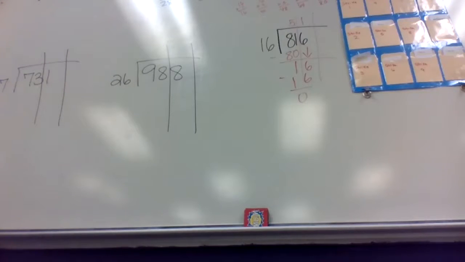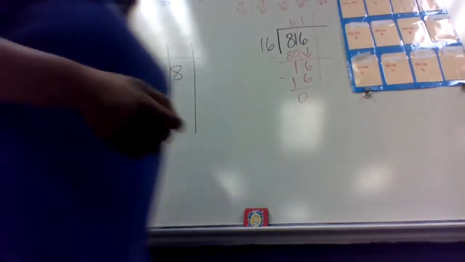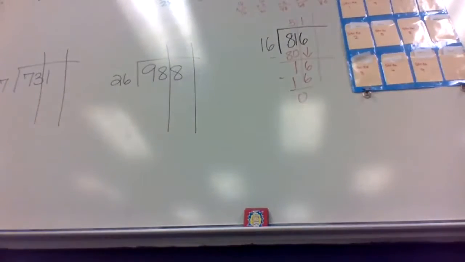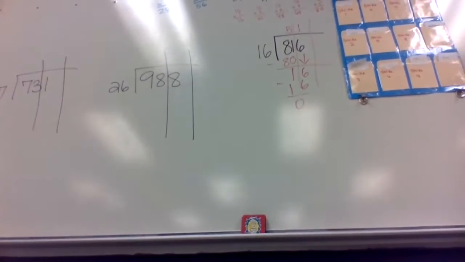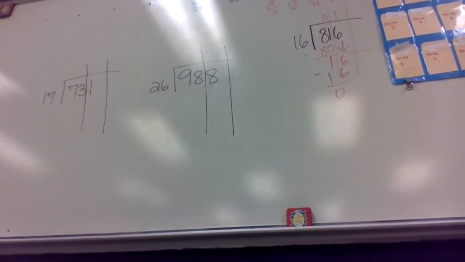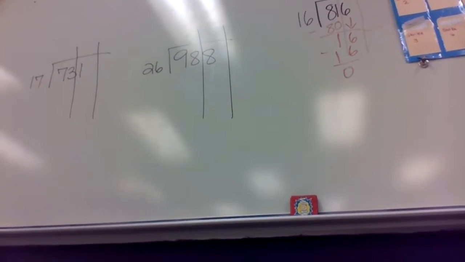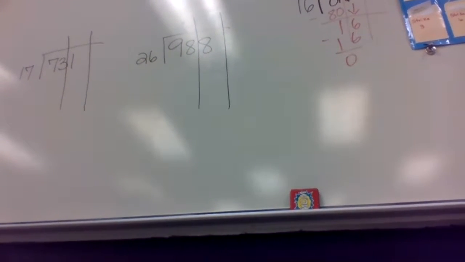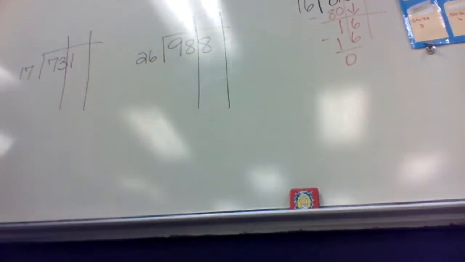Then you add the 2 up, and that's how many people went to the movies. Okay, so go ahead and work these 2 out. Okay, so you do your 26s, and you shouldn't have to go far because they're not big numbers. So you shouldn't have to do but a few at a time.